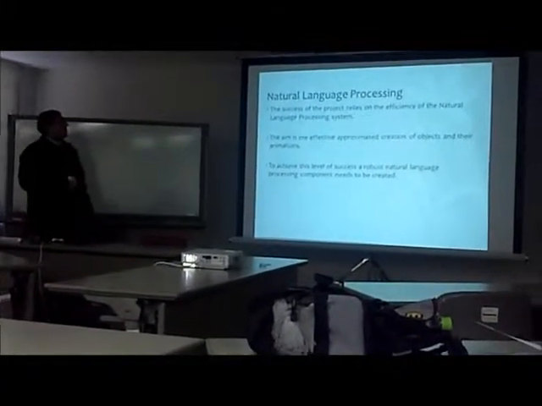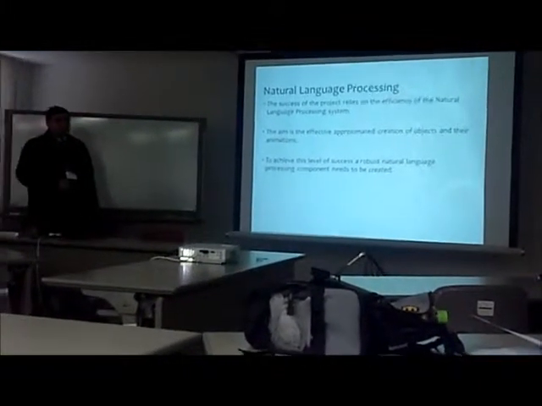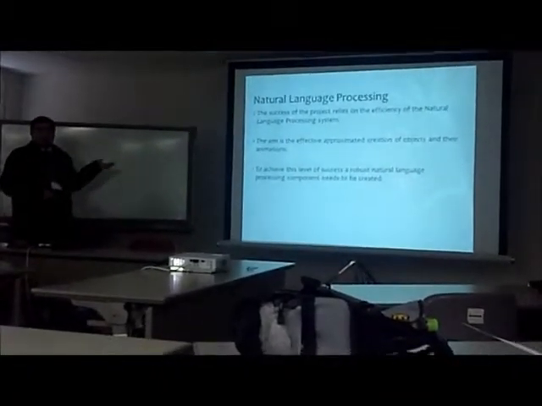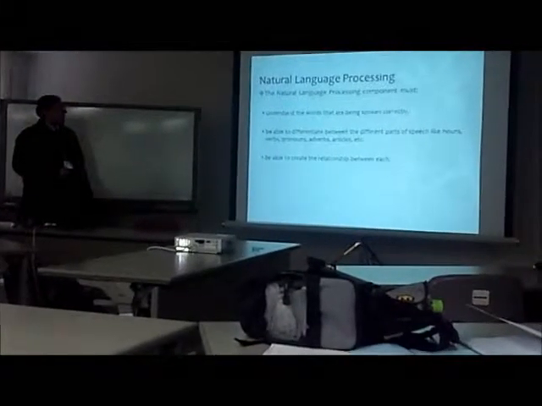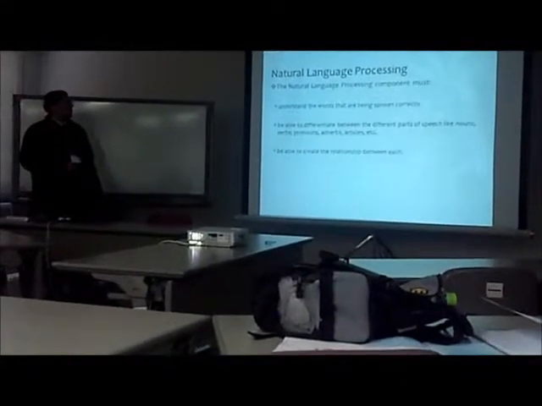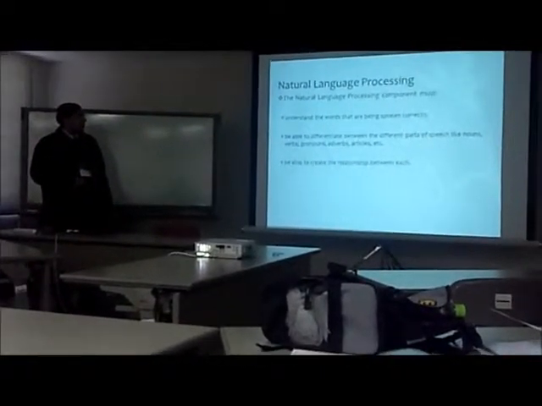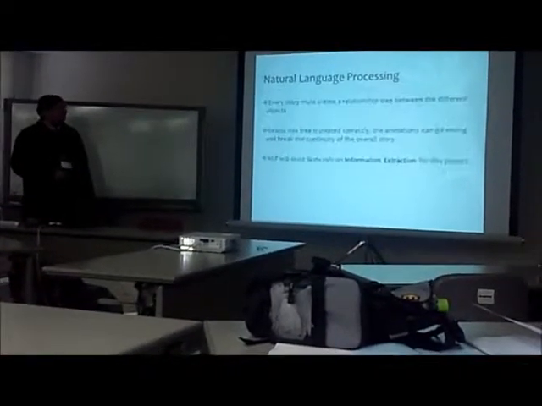And the most important part is the natural language processing. Basically, the whole project relies on this one. So I have to make a very good natural language processing engine which identifies what the user is saying. This component must understand the words that are being spoken, be able to differentiate between the different parts of speech like nouns, verbs, and pronouns, and be able to create a relationship between each.